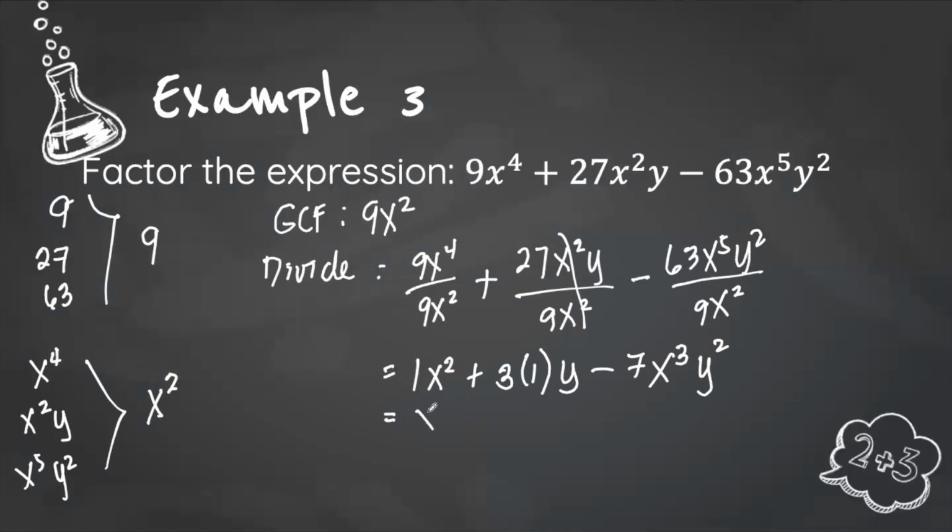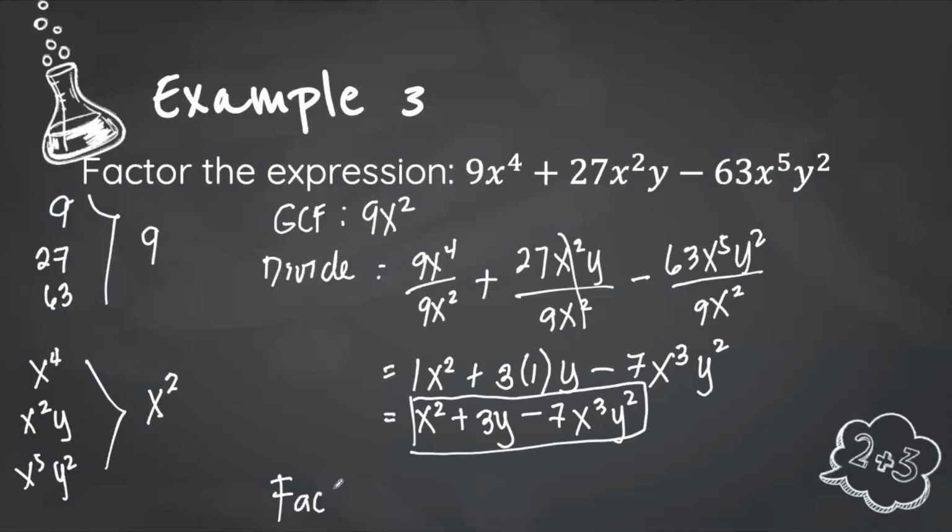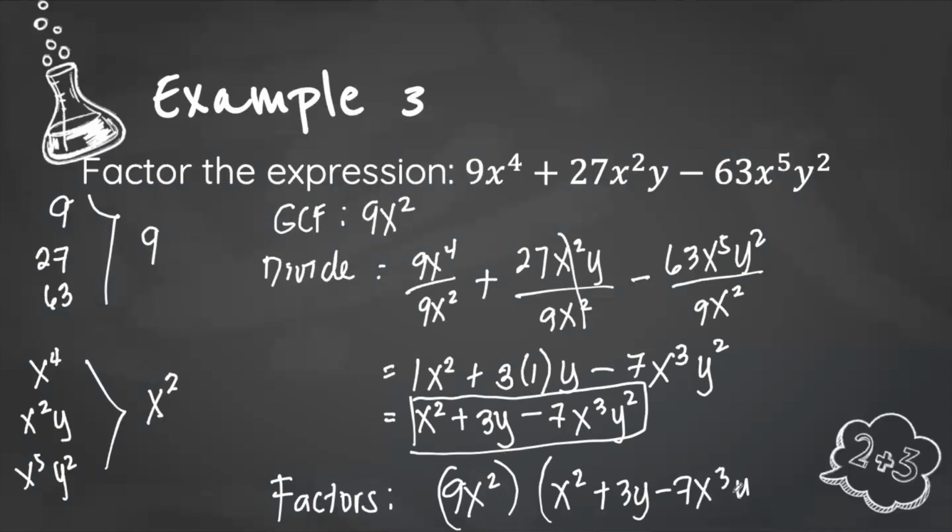So we write x squared plus 3 times 1 is just 3y minus 7x cubed y squared. And this is our other factor. So the factors of this polynomial are 9x squared and x squared plus 3y minus 7x cubed y squared.